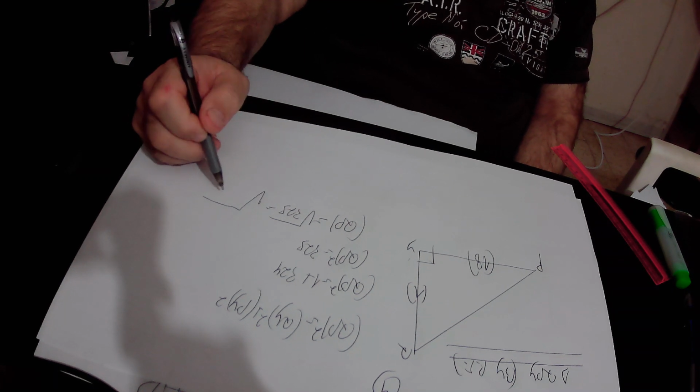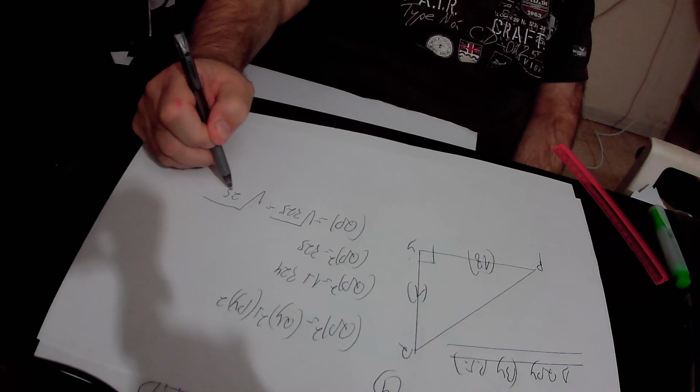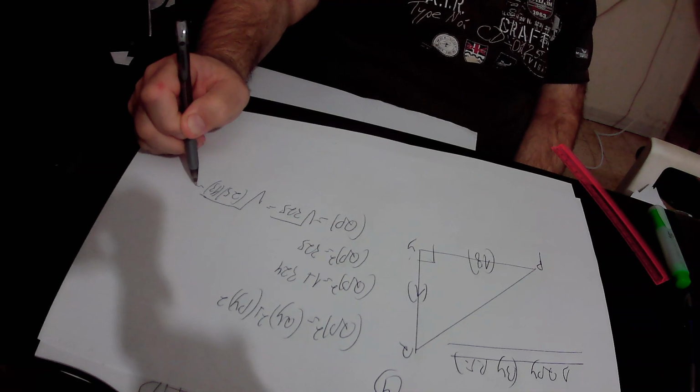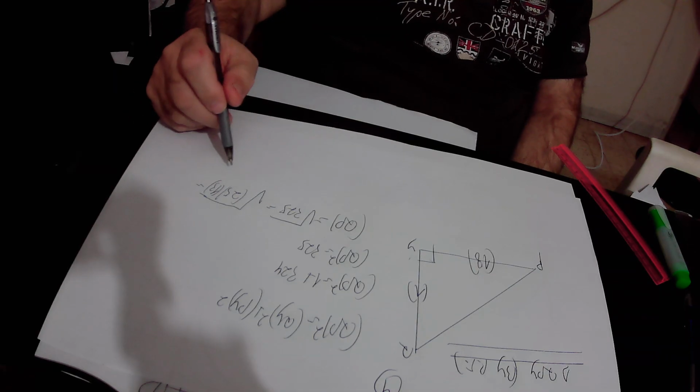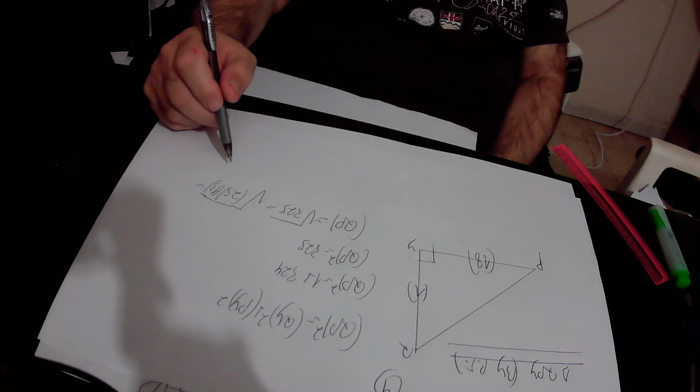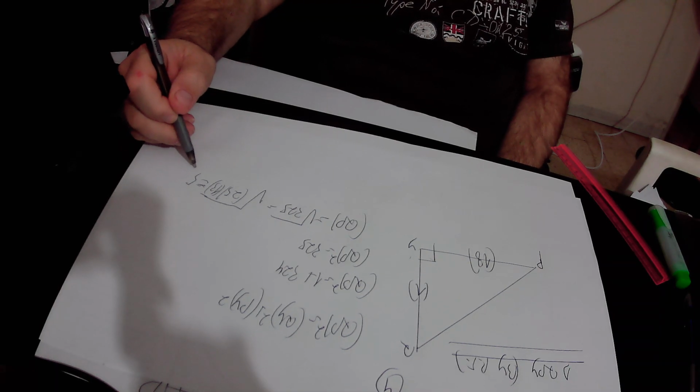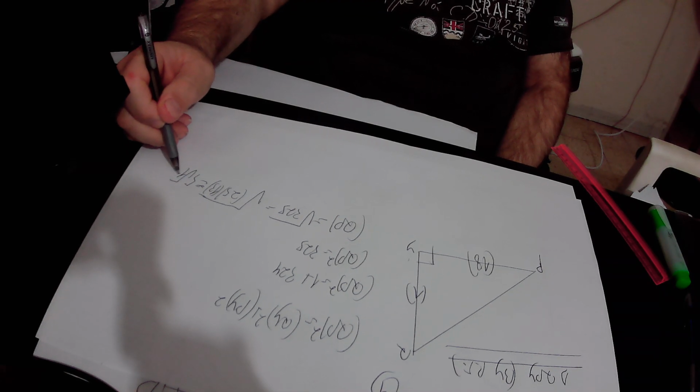But 325 is 25 times 13. Here we can take 25 out of the root. We know that the square root of 25 is 5. So inside the root we are left only with 13.